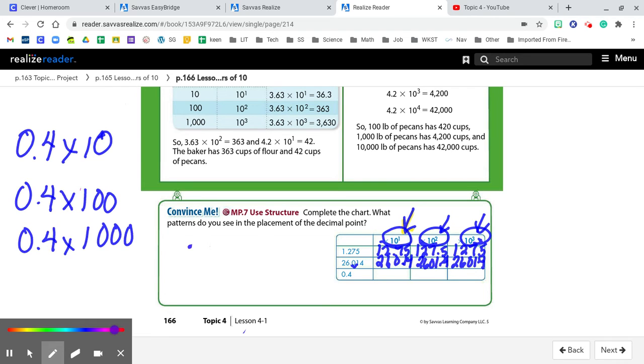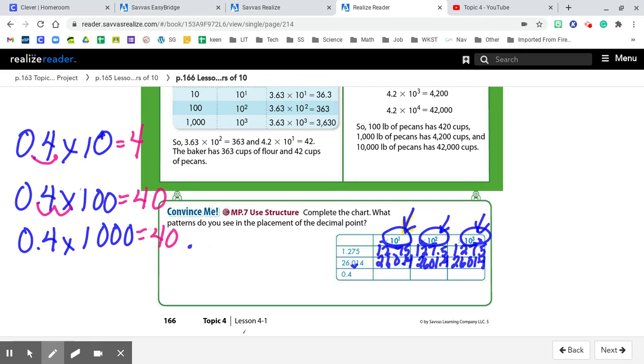Let's go back and do a little color change here so we can see what I'm going to do. 0.4 times the whole number 10 moves it one place value, so my final answer is just the number 4. 0.4 times 100 is going to move it 2 places, so I'm going to have to annex a 0 there. And 0.4 times 1,000 is going to move that decimal 3 places, so I'm going to have to annex 2 zeros. Because remember, it's originally here. When I move it 3 places, 1, 2, 3, it's going to wind up at the end. So we're going to wind up with 400.